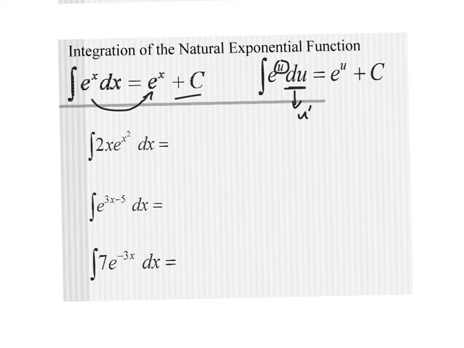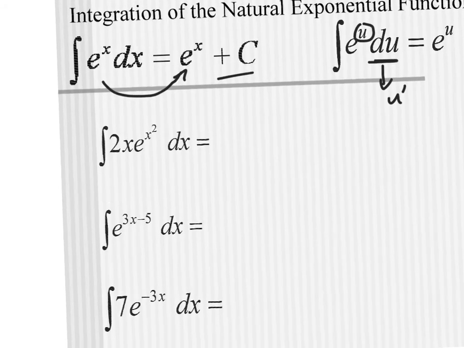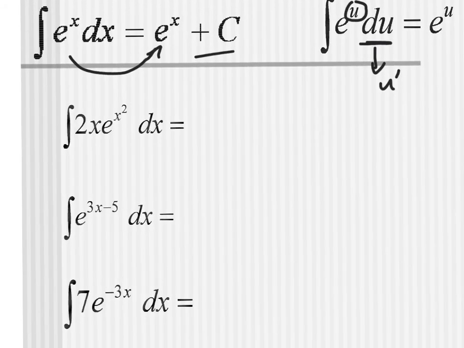But in this case, we want to recognize that e is being raised to something different. So I have to use u substitution. So exciting. So u is x squared, which means du is 2x dx. Oh, convenient. It's right there. So I'm literally integrating e to the u du, right? Because that is what du is.